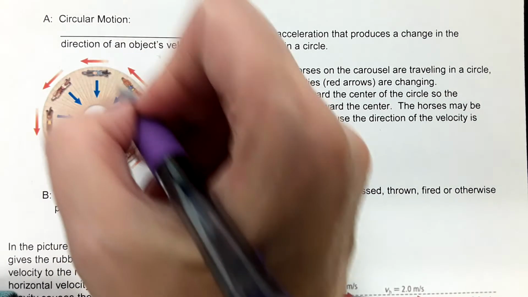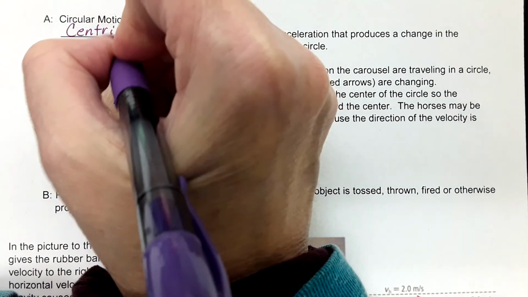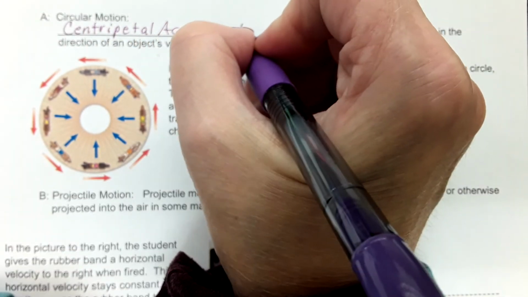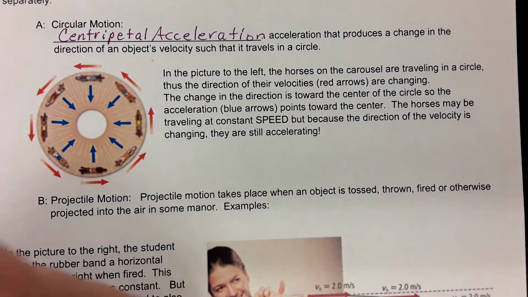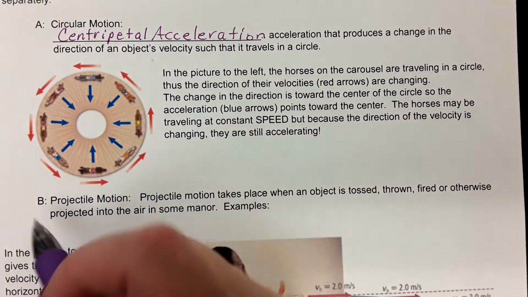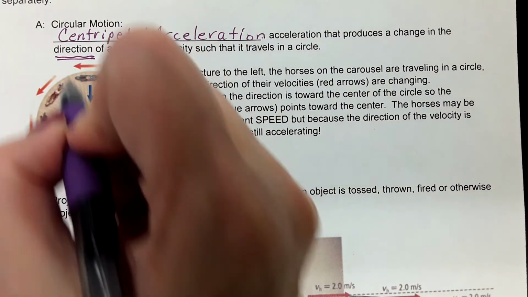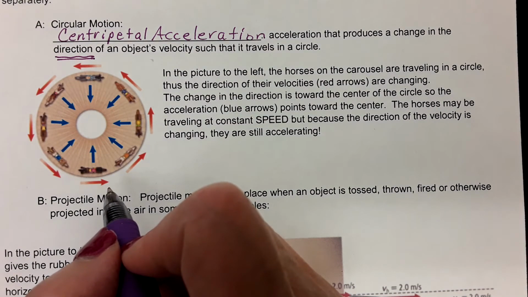In fact, for an object moving in a circle, we call it a centripetal acceleration. Okay? So here's what it is. It's an acceleration that produces a change in the direction of the object's velocity rather than the numerical value of the velocity.